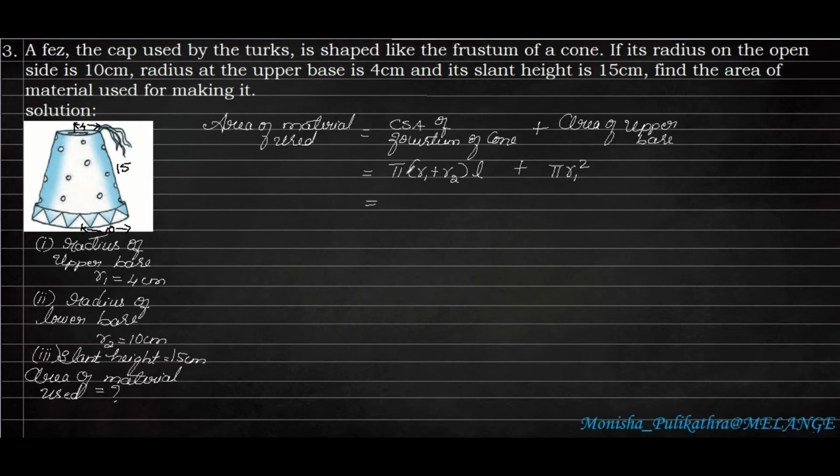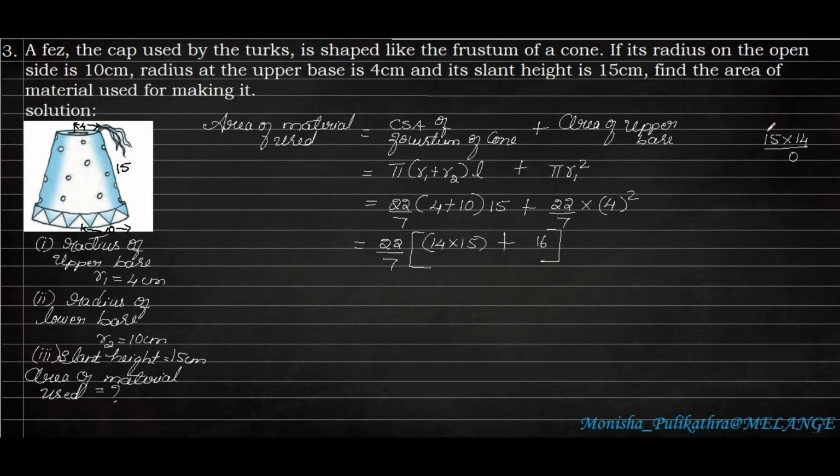Okay, so next pi is 22 by 7 into r1 is 4 and r2 is 10 and slant height is 15, plus 22 by 7 into r1 square, that is 4 square. Here 22 by 7, pi is common, so we can take pi common here. So remaining 4 plus 10 is 14 into 15, plus 22 by 7 already we have taken common, 4 square is 16. So 14 into 15.